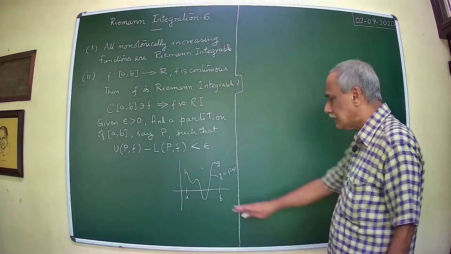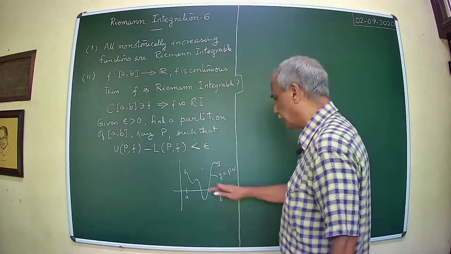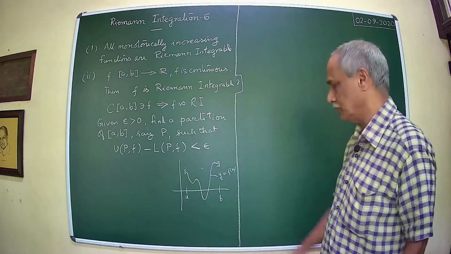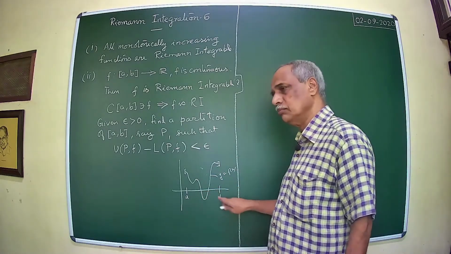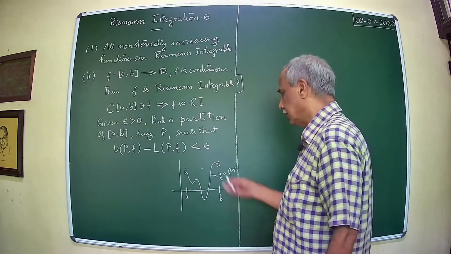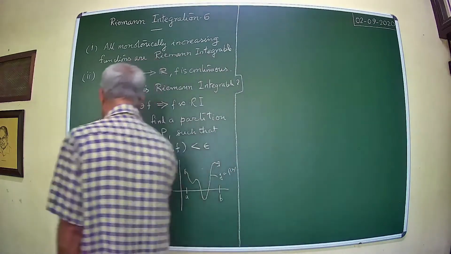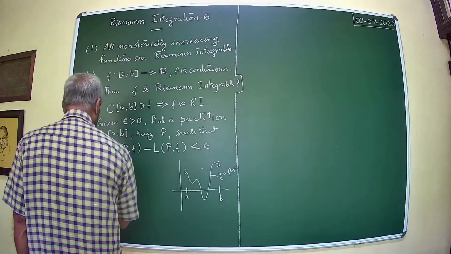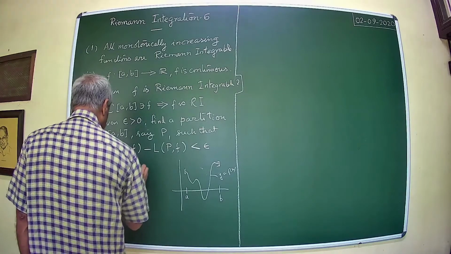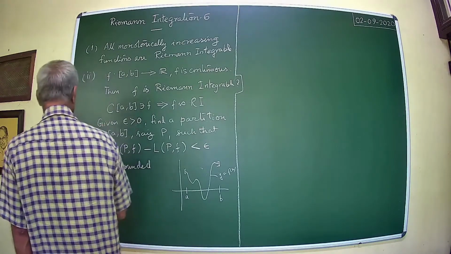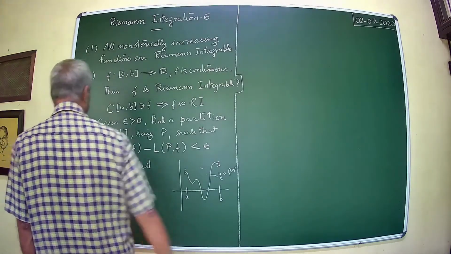Now the first thing that you observe is that, of course, f is bounded, because we are working on a closed bounded interval, therefore f is bounded. This is the first inference that you make.